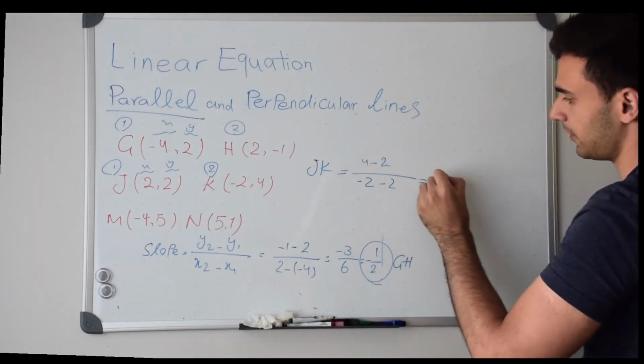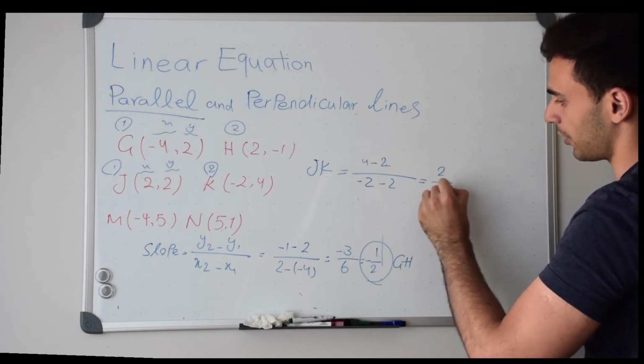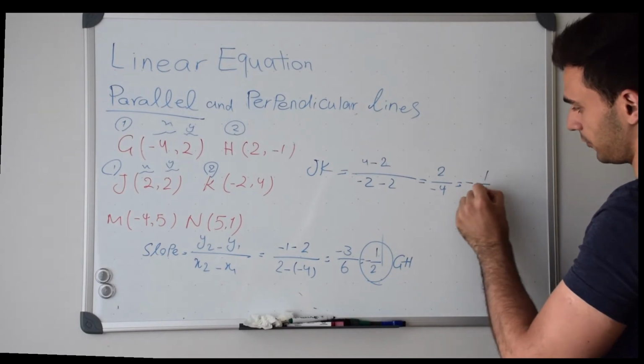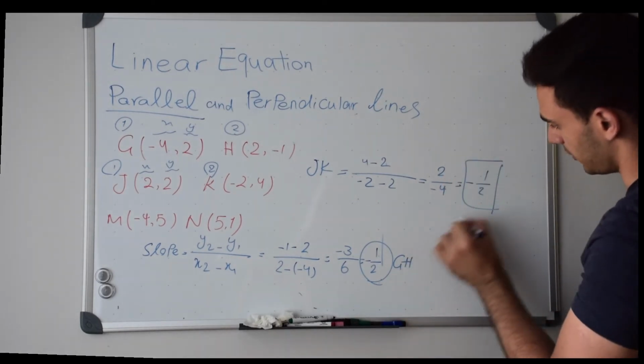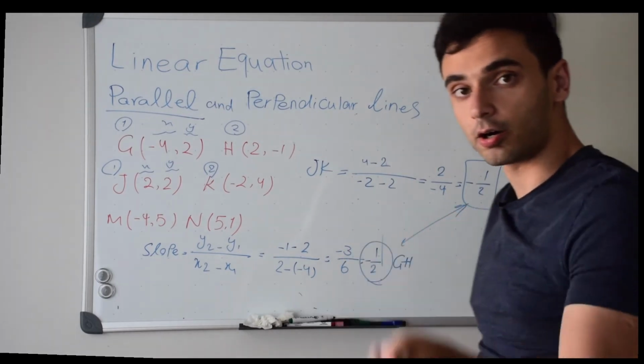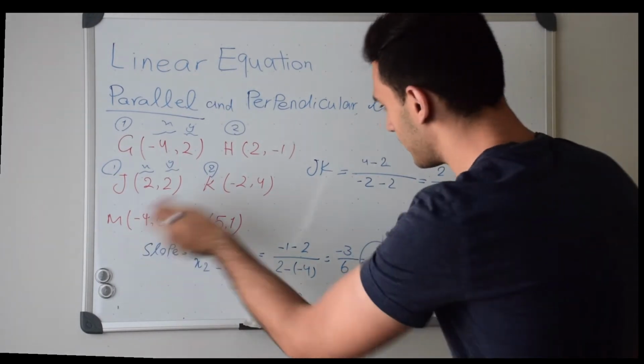It's going to be 2 over -4, which is -1/2. So these two have the same slope, so they are parallel. What about MN?